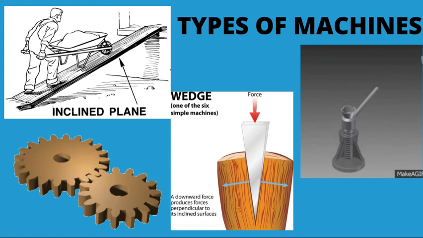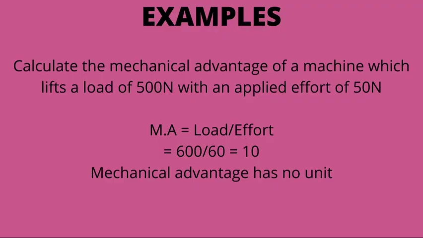Different types of machines. We have the gear wheels, as you can see in the picture, and then we have the screw jack. The screw jack is the one on the extreme right. There are different types of machines that are put together to form a whole system.